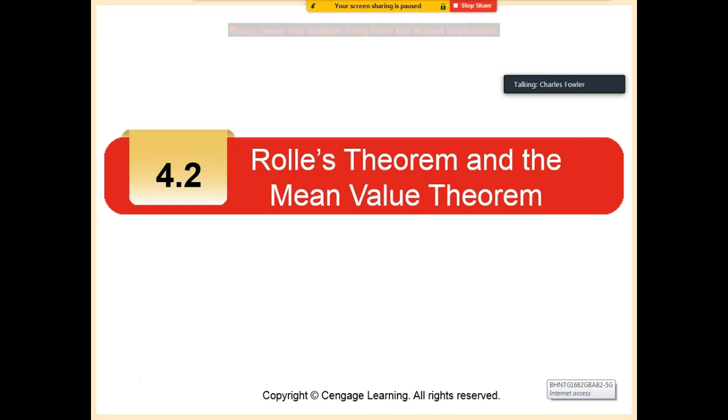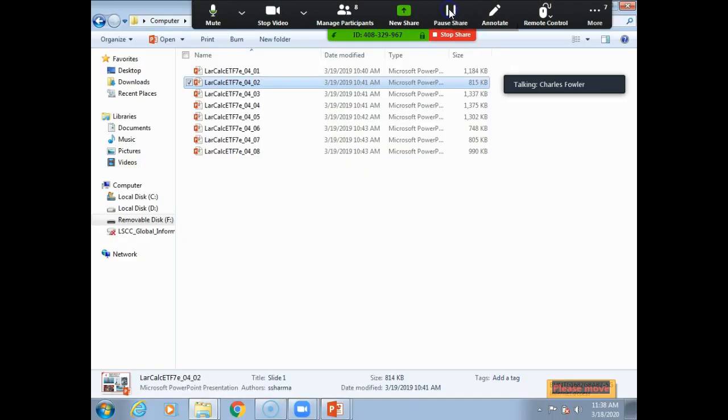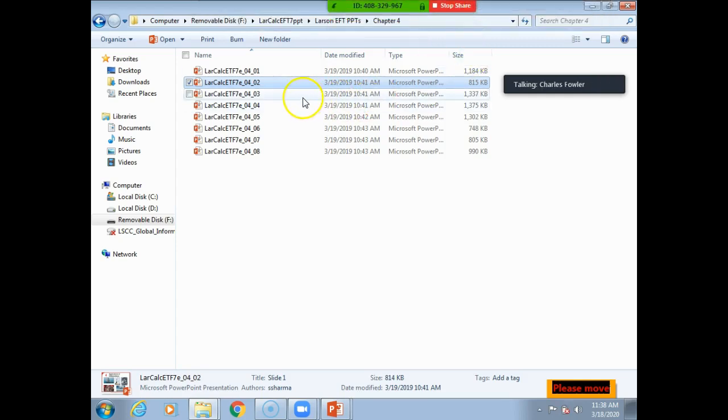Okay, you don't see 4.2, Rolle's Theorem and the Mean Value Theorem? Okay. And when I do resume share, you see this thing that says Larson, Calculus, ET, 4.1 all the way to 4. Yeah, exactly.